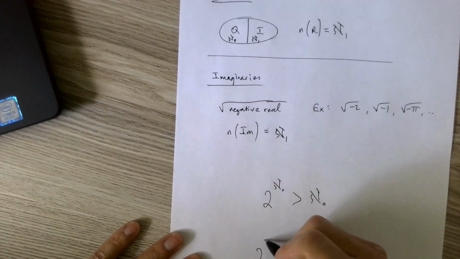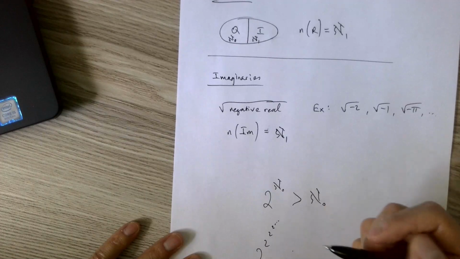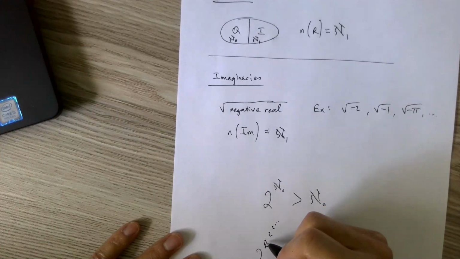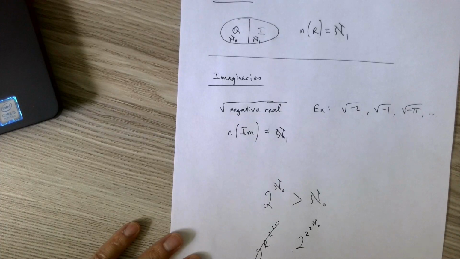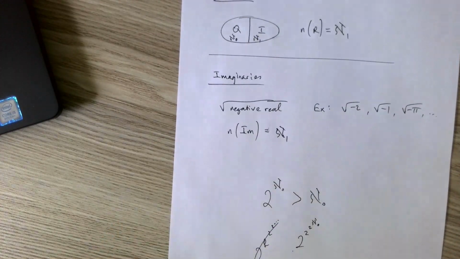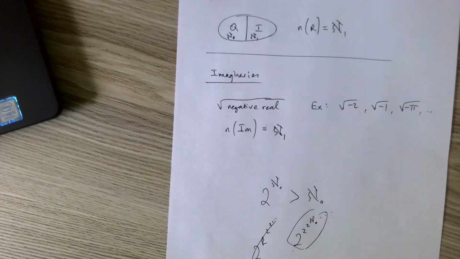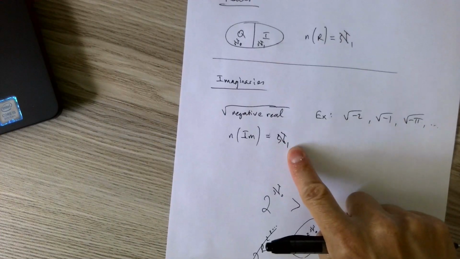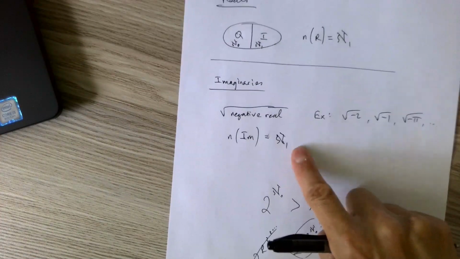And I could do that infinite number of times. So that's 2 to the 2 to the 2 to the infinity. And that's going to be larger than the power before. So there are an infinite number of levels because I can keep doing this. But we're only going to discover 2 levels for this unit. Aleph null and Aleph One.